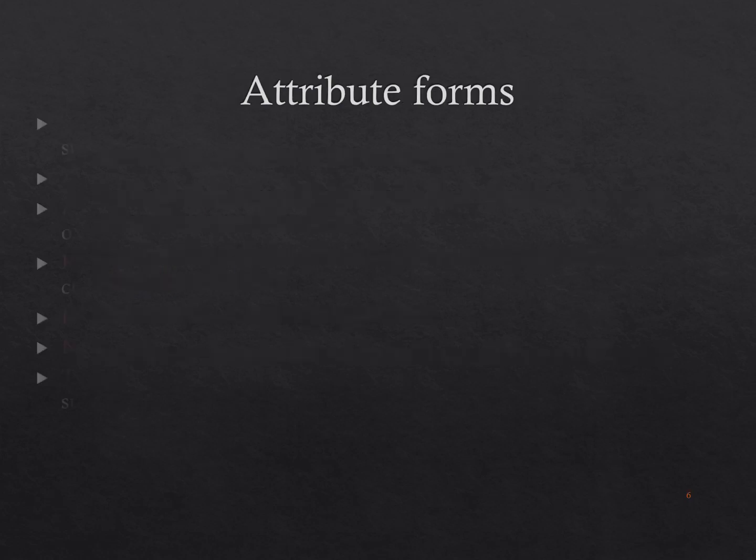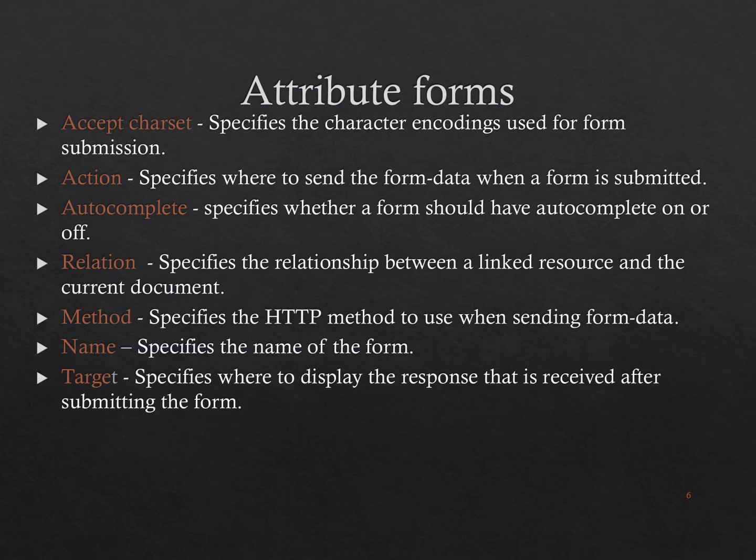Then let's see form attributes. There are accept-charset, action, autocomplete, rel, method, name, and target. Accept-charset specifies the character encoding used for form submission. Action specifies where to send the form data when a form is submitted.